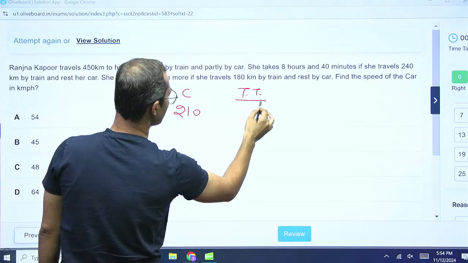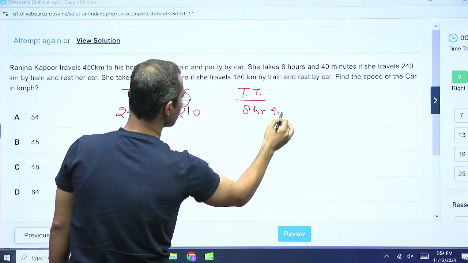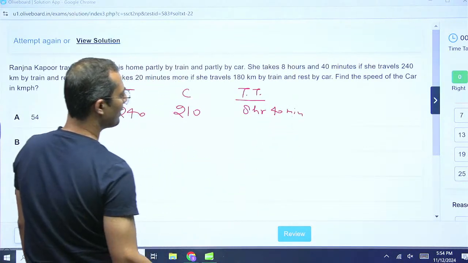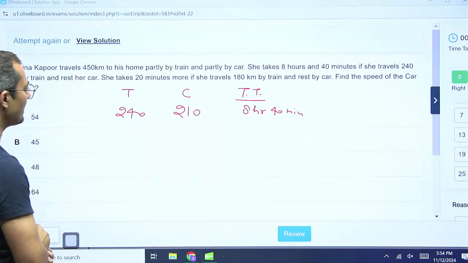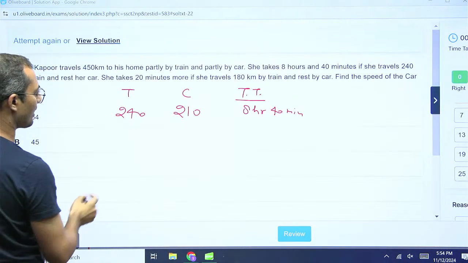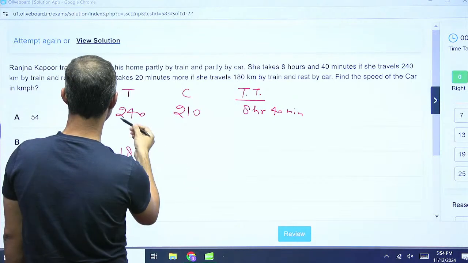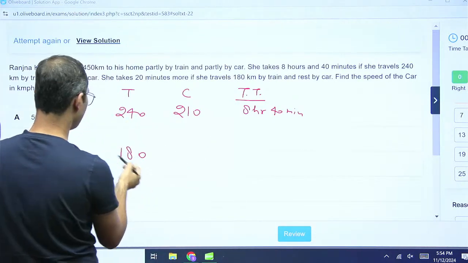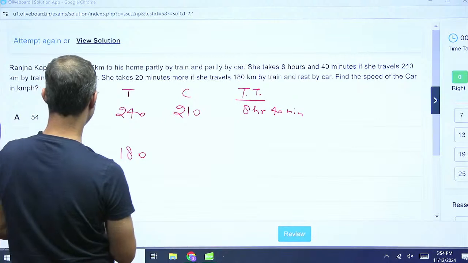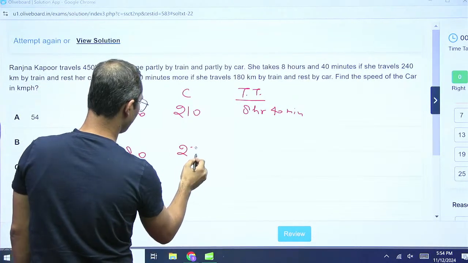Total time is 8 hours 40 minutes. And she takes 20 minutes more if she travels 180 km by train and the rest by car. That is 450 minus 180, so 270.